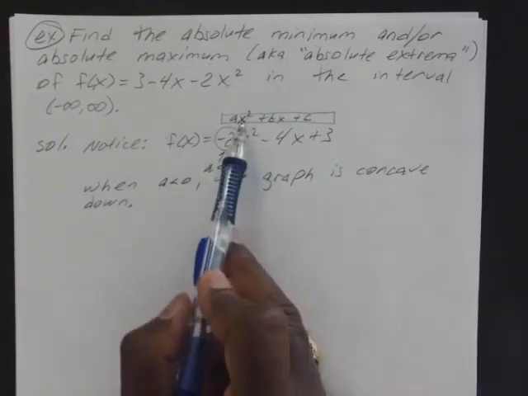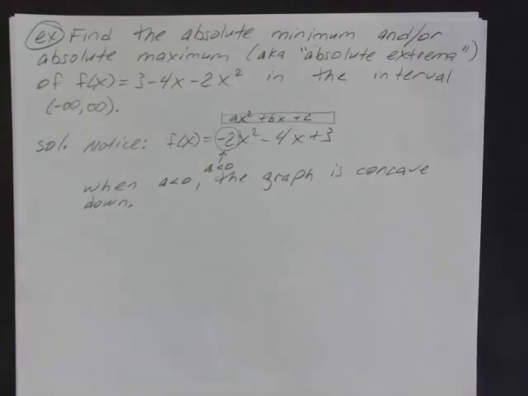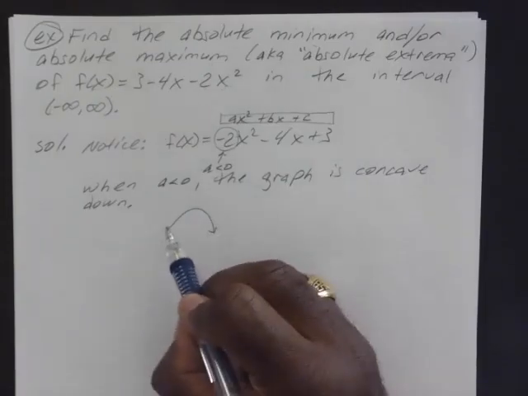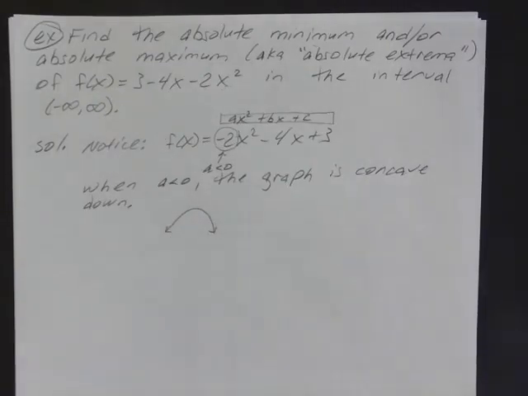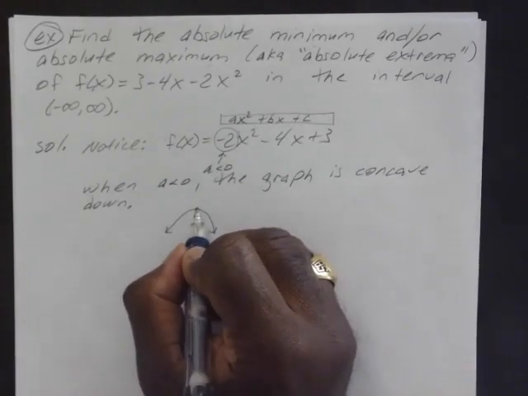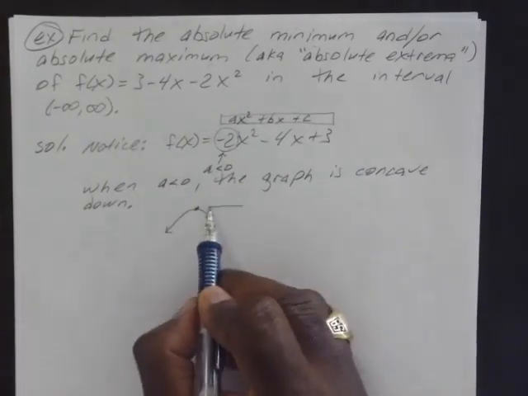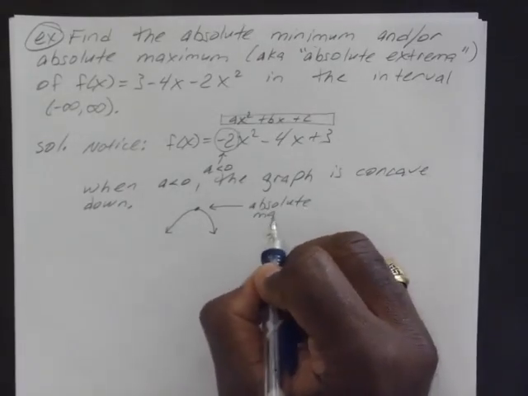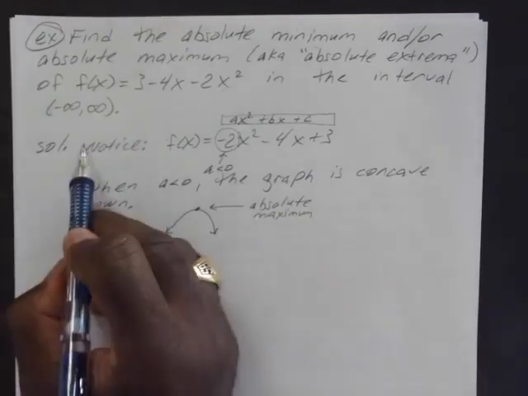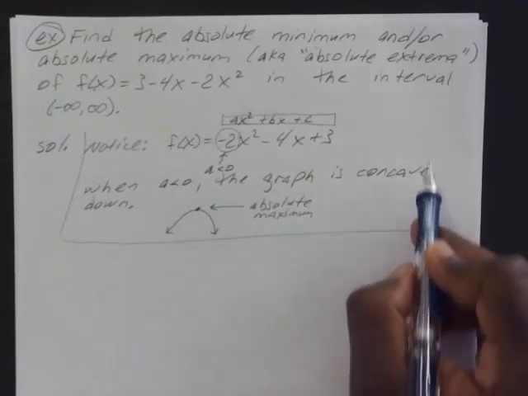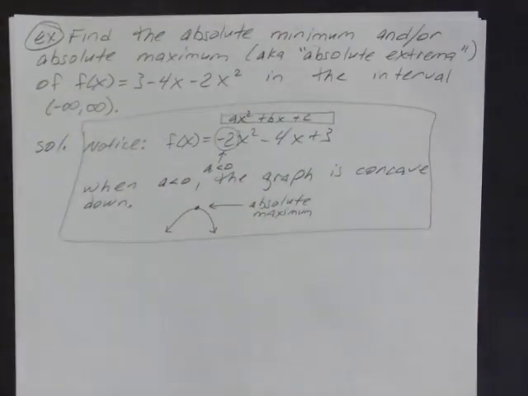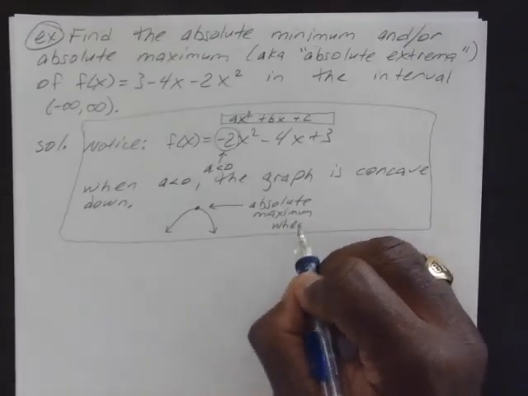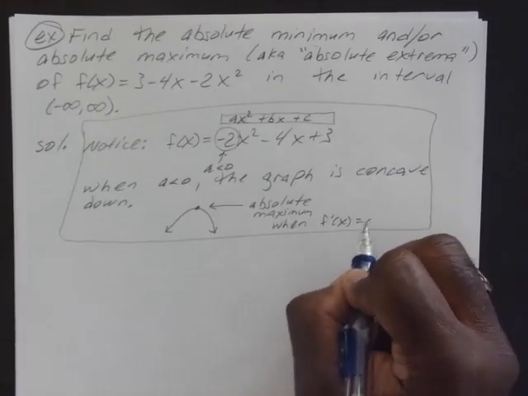So that rule only applies to quadratic functions. If it's concave down, we know the graph is going to look something like that, which means that our vertex on that graph is going to be our absolute maximum. Okay, so for this one, we know that we're looking for an absolute maximum when your f prime of x is equal to 0.